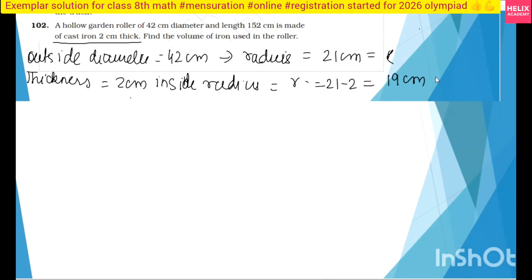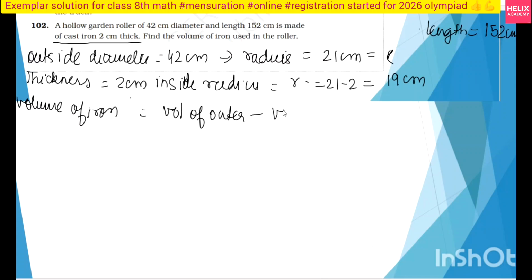Also, the length is given as 152 centimeter. So the volume of iron is equal to the volume of the outer cylinder minus the volume of the inner cylinder.